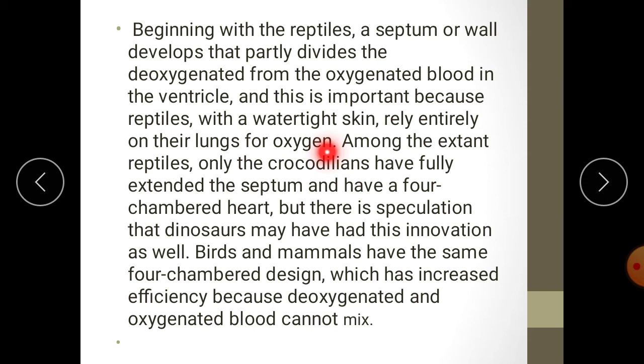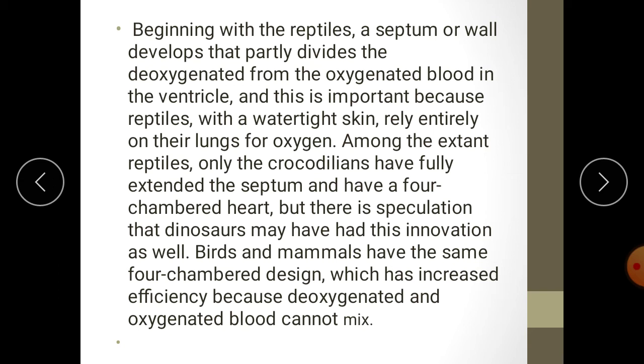Among the extant reptiles, only the crocodilians have fully extended the septum and have a four-chambered heart, but there is speculation that dinosaurs may have had this innovation as well. Birds and mammals have the same four-chamber design, which has increased efficiency because deoxygenated and oxygenated blood cannot mix up.